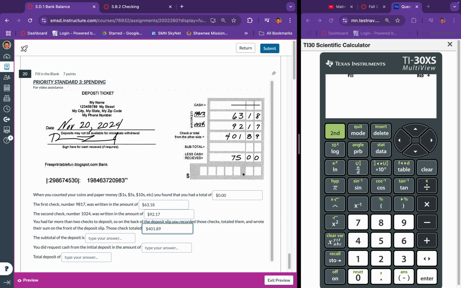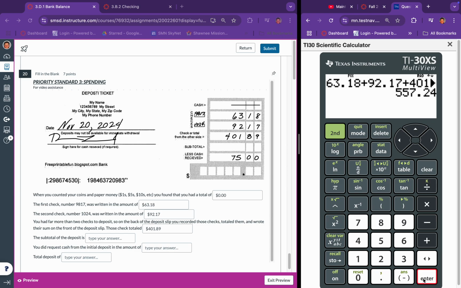And now what is your subtotal? Now we're going to add all of these numbers together. So we're going to add $63.18 for the first check, $92.17 for the next check, and then the $401.89 for all those other checks you had.